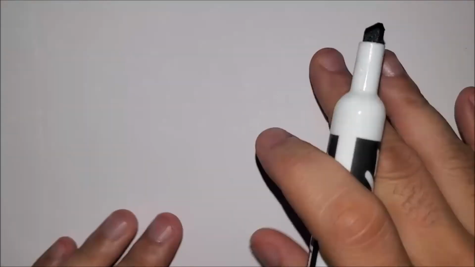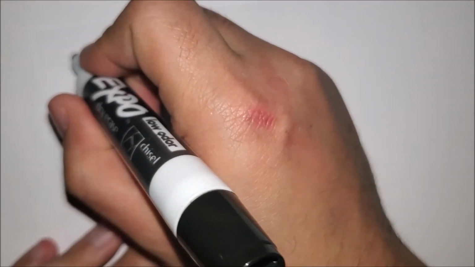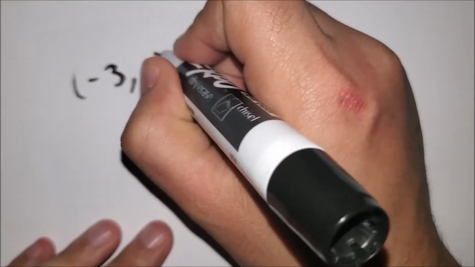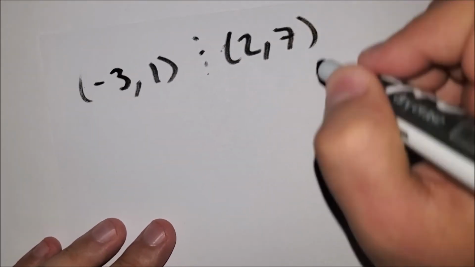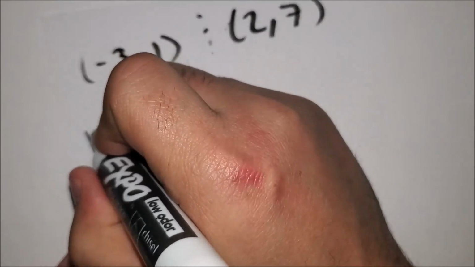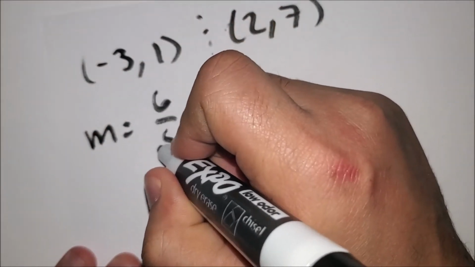So the nice thing about the point slope formula is that it doesn't matter which of the points you select to use in your point slope formula. So going back and looking at the previous example, we had the points negative 3, 1, and 2, 7. And we ended up getting a slope of m equals 6 over 5.